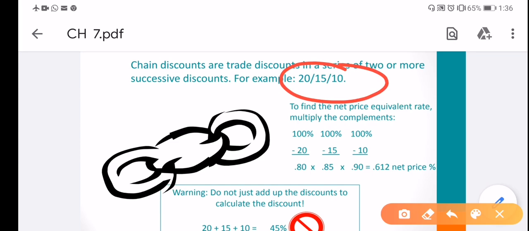The complement of 20% is 100% minus 20%, which is 80% or 0.8. For 15%, it is 100% minus 15%, which is 85% or 0.85. And the complement of 10% is 100% minus 10%, which is 90%, and we write it 0.9.